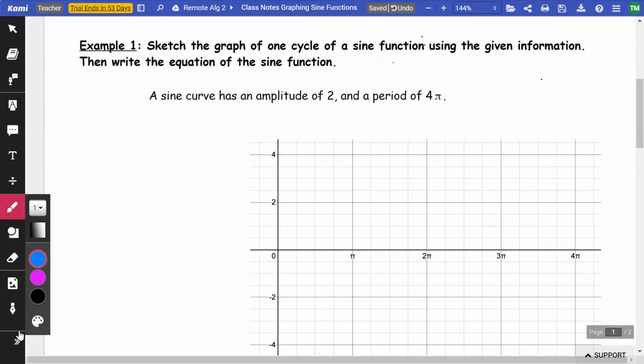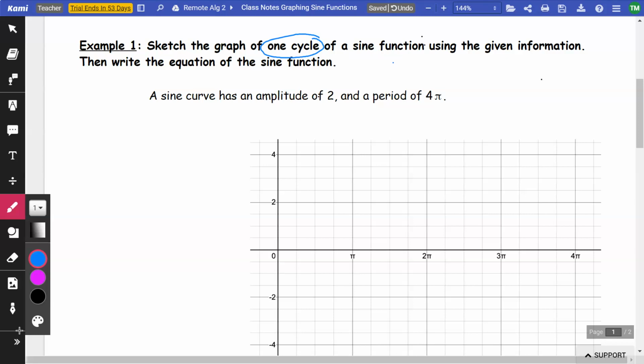Well, in example 1, we're given some key information about the sine function, and then we're going to use that information to write the equation of the sine function and graph the sine curve. We only have to graph one cycle.